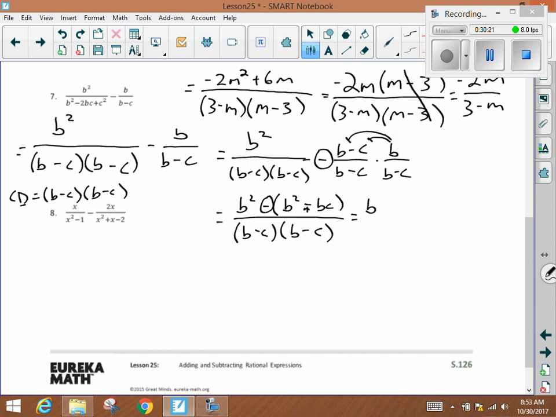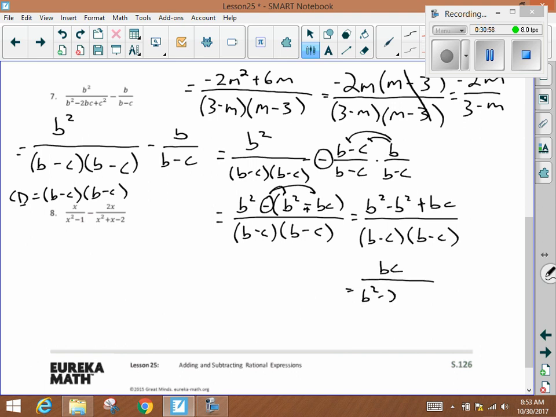So I went with b squared minus b squared plus bc, because I'm distributing this negative sign. So hopefully you do your notes in pencil. And that's going to give me just bc over b squared minus 2bc plus c squared.